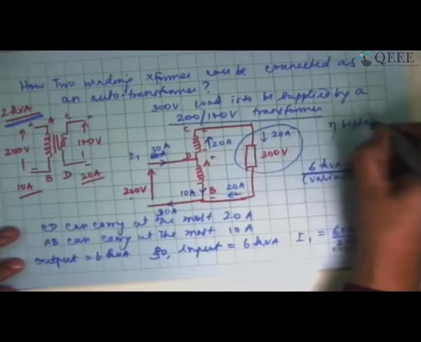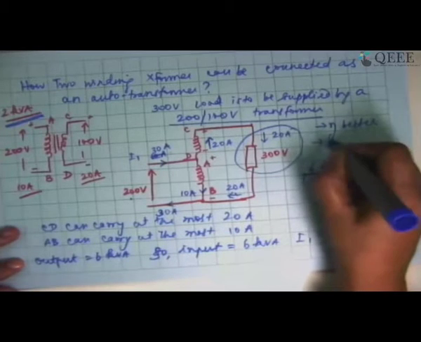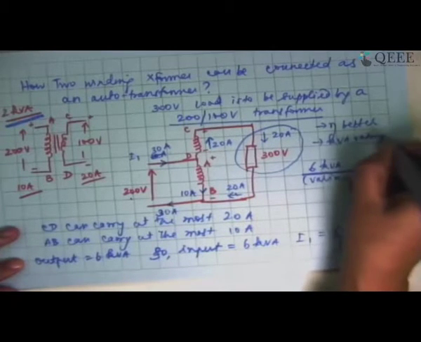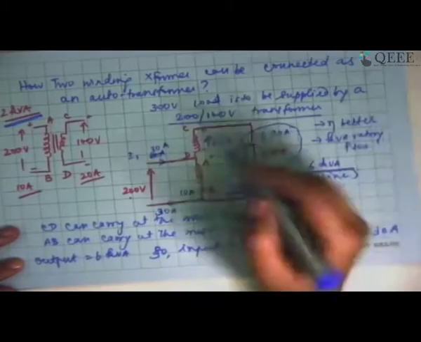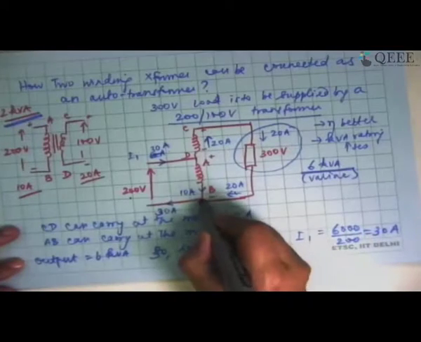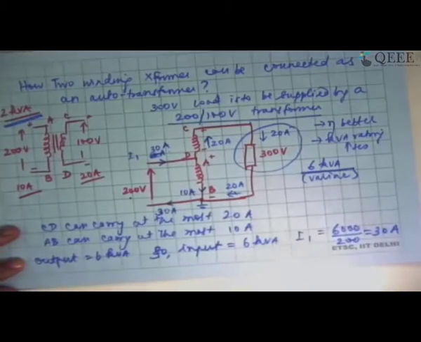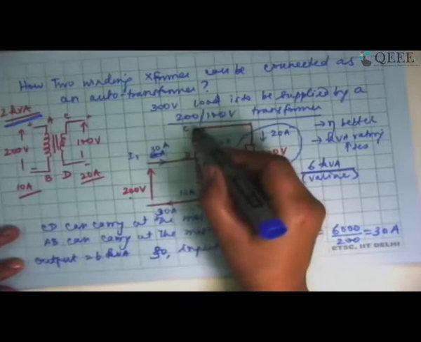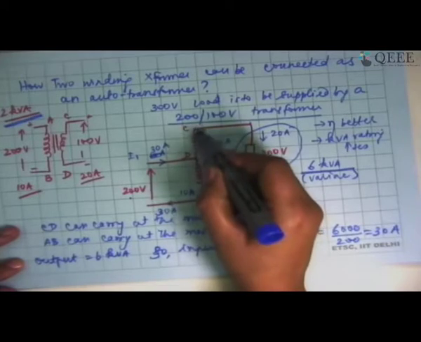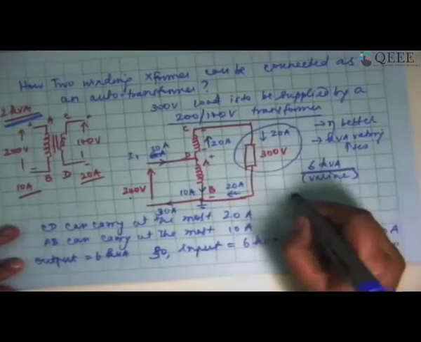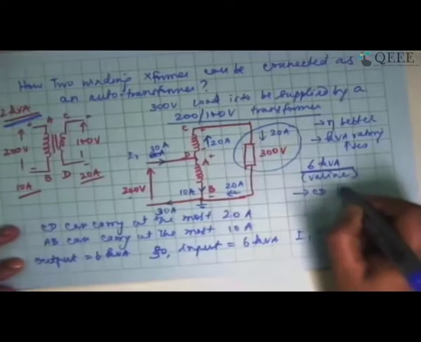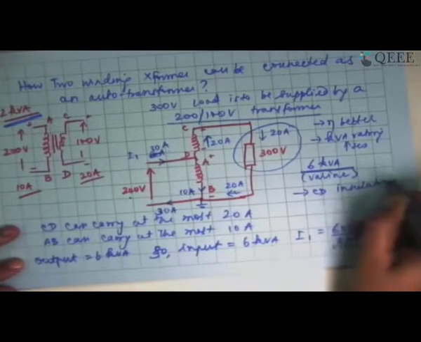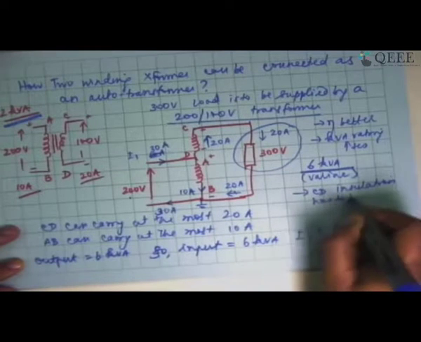So efficiency is better, kVA rating increases, but please note, if I call this as the ground point, from ground, this is 200 volts, this is 300 volts. So the insulation of CD portion has to be strengthened.